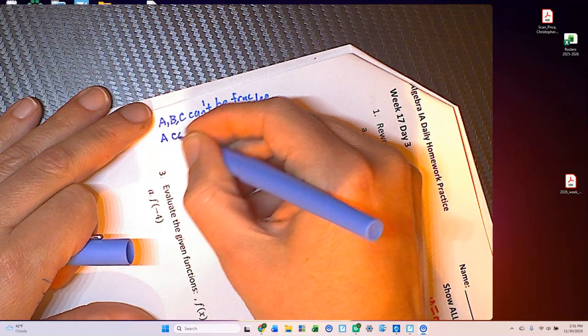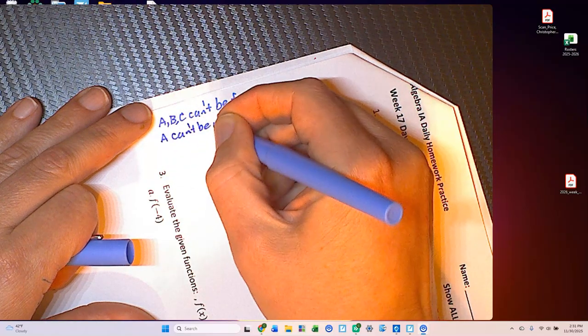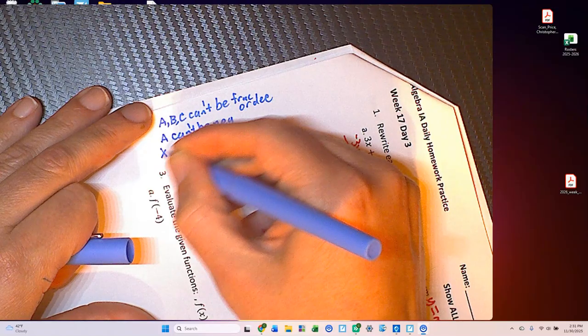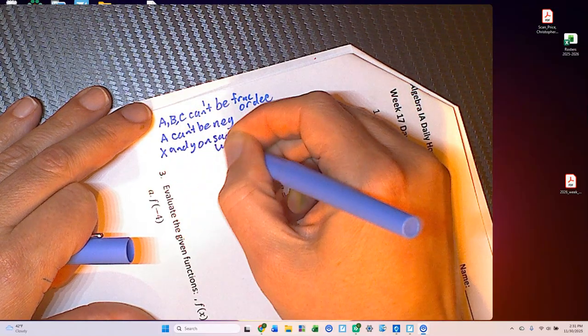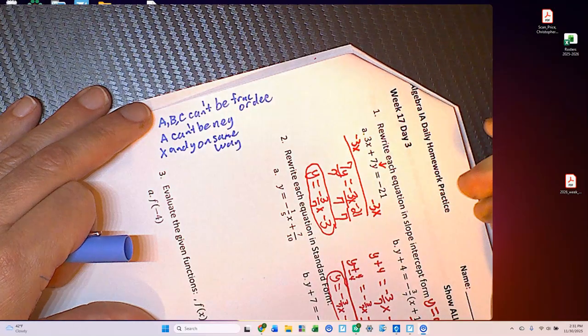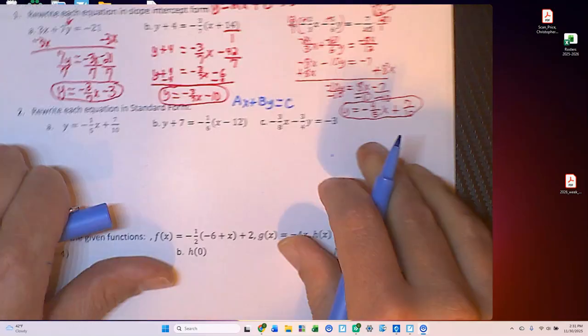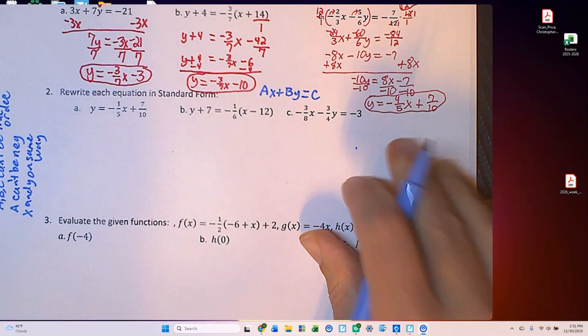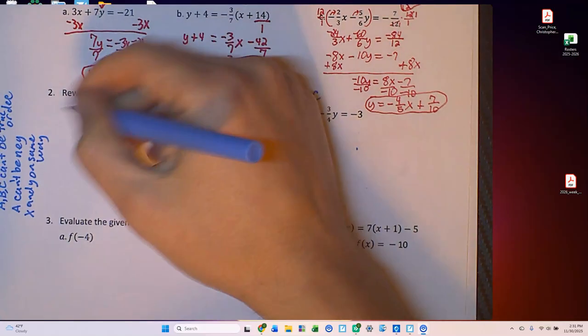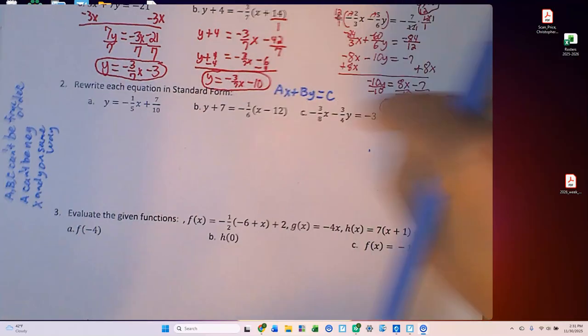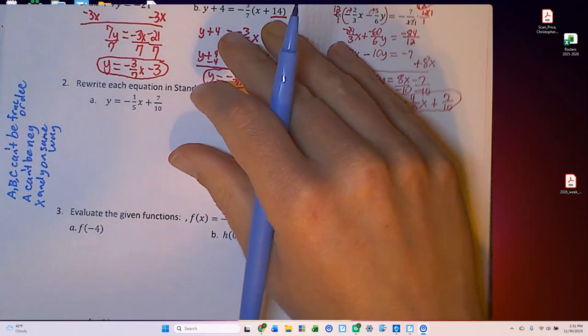A can't be negative. X and Y on same side. I'm gonna space those better. Push that over. Push that over. All right. I got work to do.